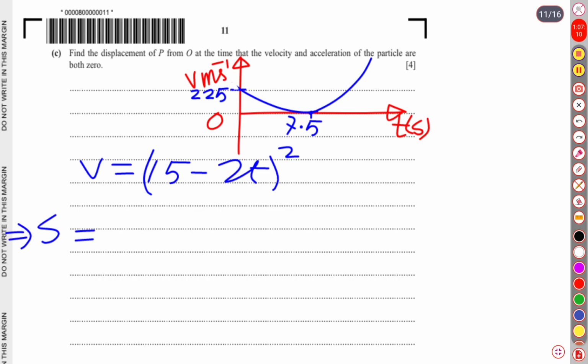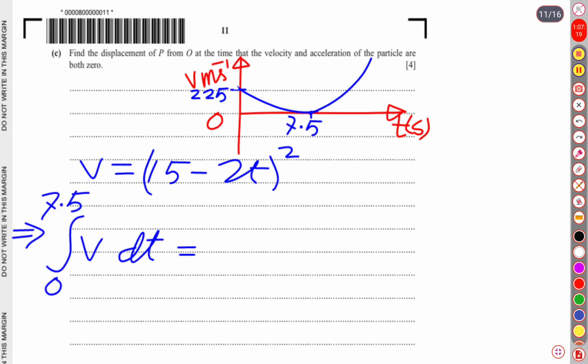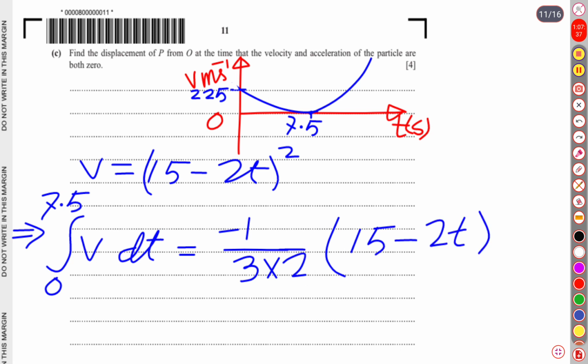If we integrate, it is going to be, should I show in terms of time? So if we integrate this, it is going to be first 1 over 3, the degree will increase by 1, and negative 2 will go down. Then our inner function is going to be 2t. Then our displacement, and our limit is from 0 until 7.5.